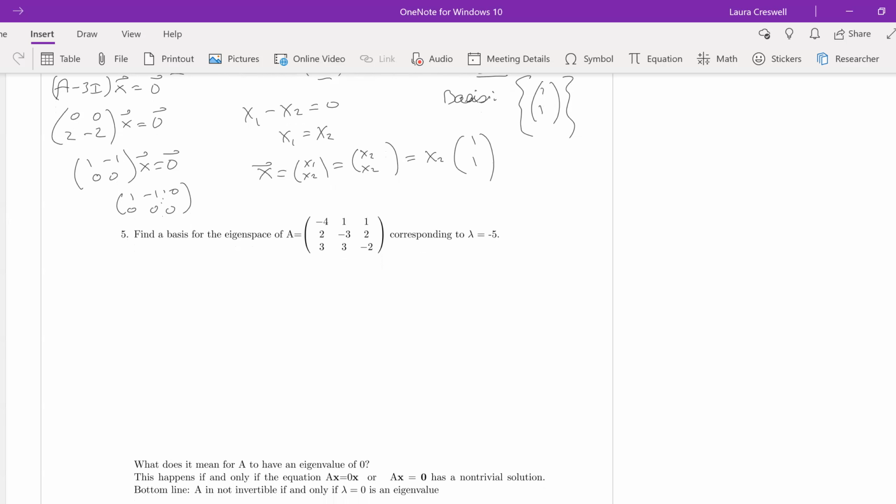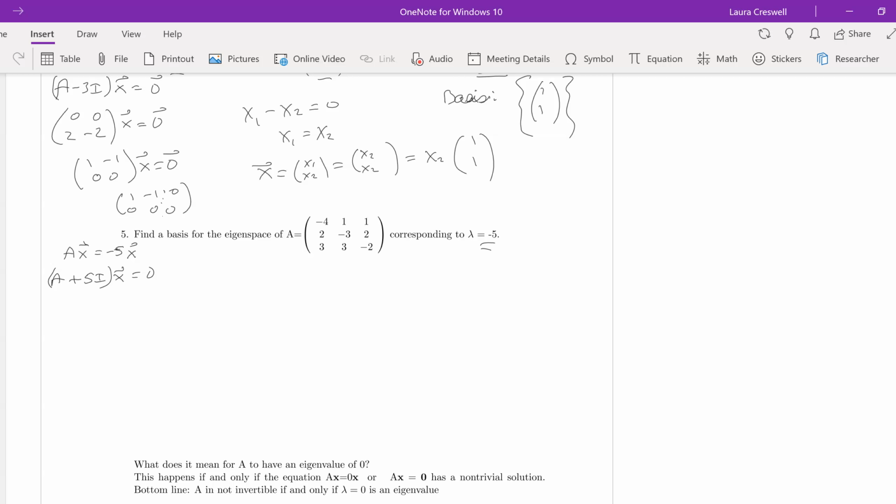All right, so let's get to a bigger one here. My lambda this time is negative 5. So A x equals negative 5x. That's going to be A plus 5I, x equals 0. Don't go too fast through steps because you could make mistakes.